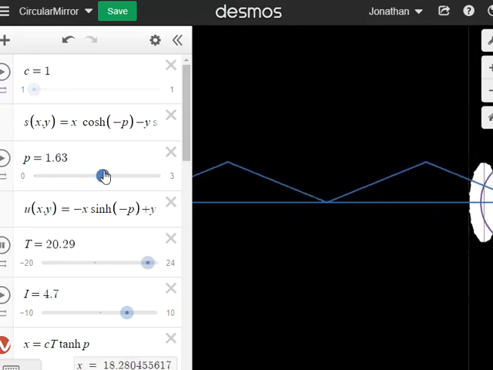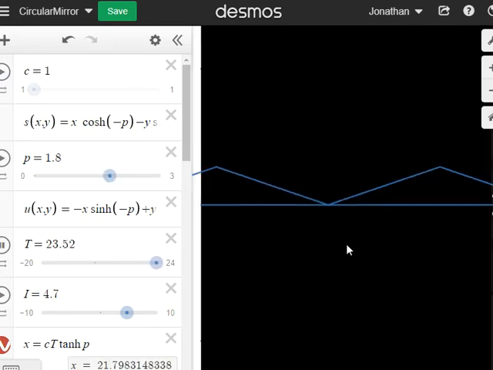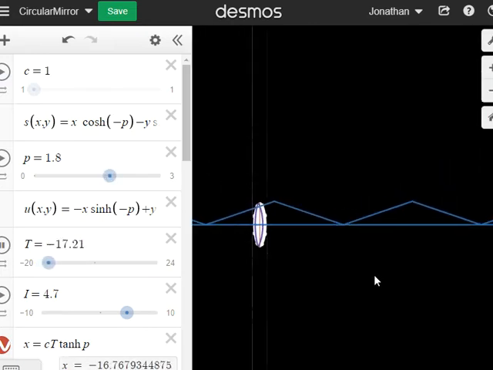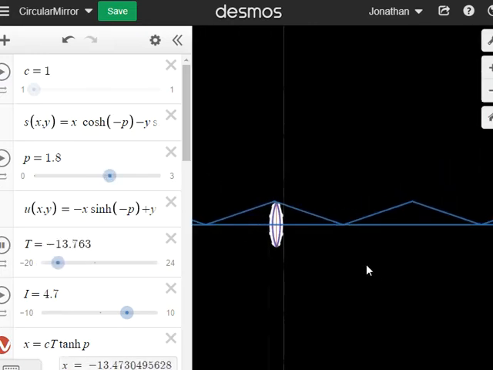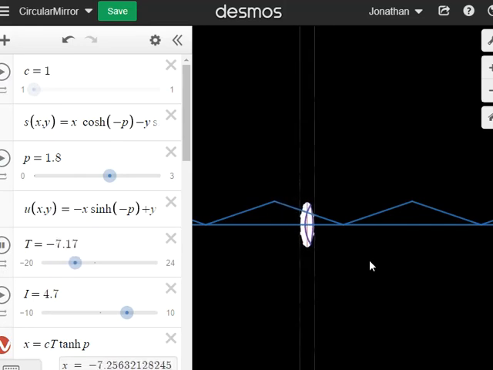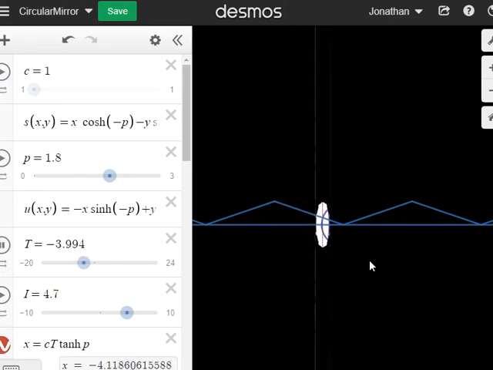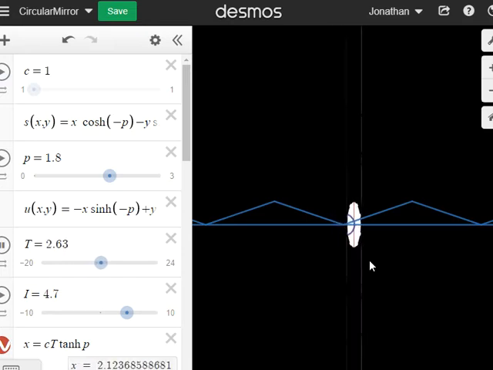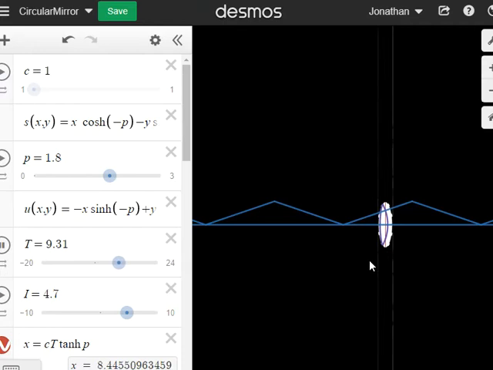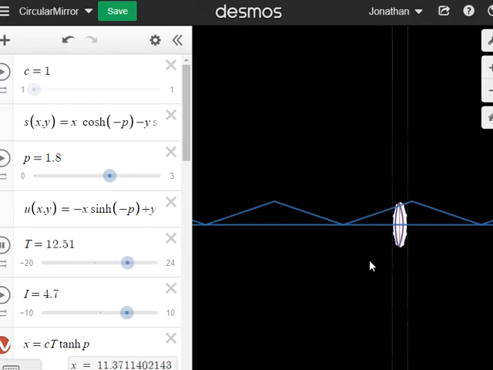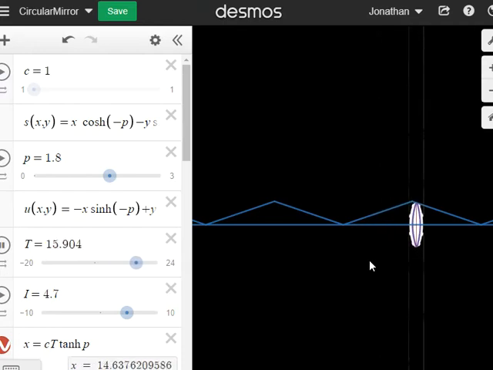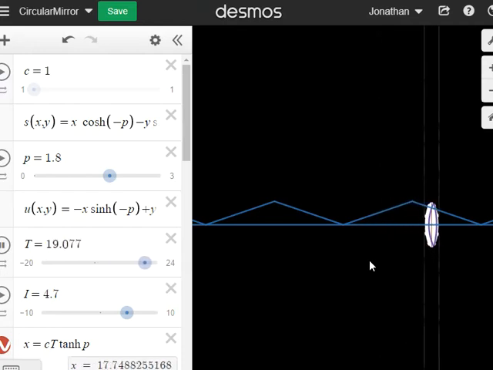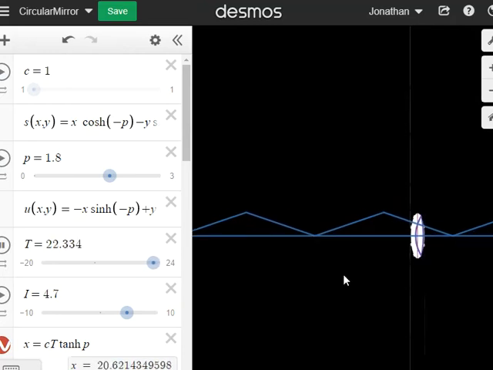Now this is not the speed of light, but is the hyperbolic arctangent of the velocity of the mirror. So you can see, depending on how large this gets, the animation isn't quite perfect.